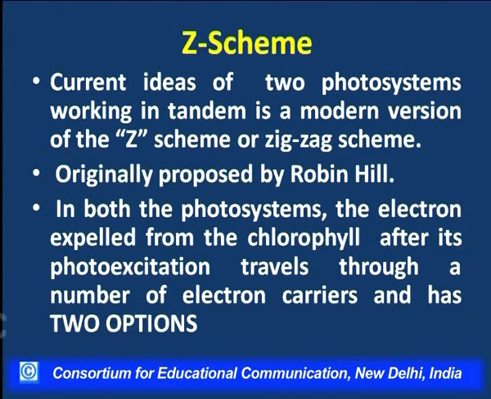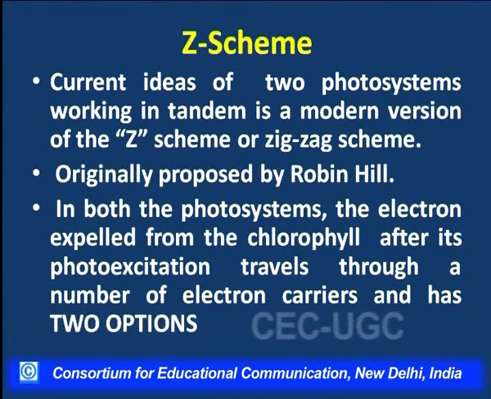which was proposed by Hill, and the two photosystems have to be fitted. So once the electrons are lost from a photosystem, they have two options. These two options have to be arranged in the form of a Z scheme of photosynthesis.